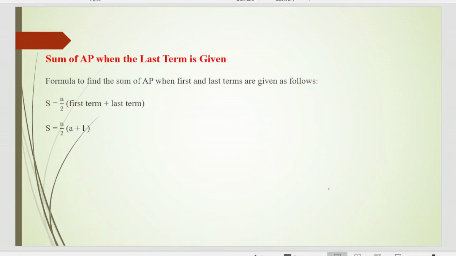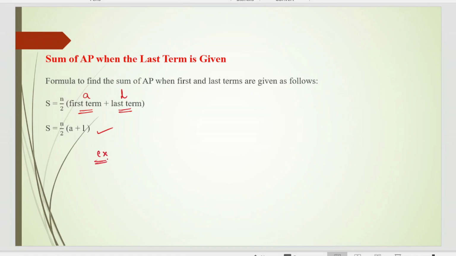Now let us see how to find the sum of an AP when the last term is given. It is S = n by 2 of the first term and the last term. The first term is denoted with a and the last term is denoted with l. So this is the final formula: S = n/2 (a + l).